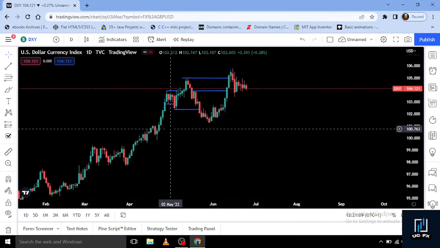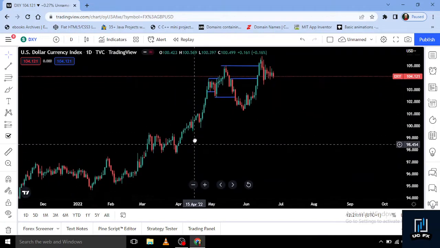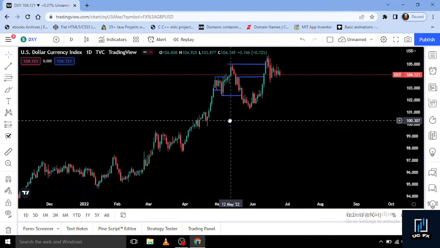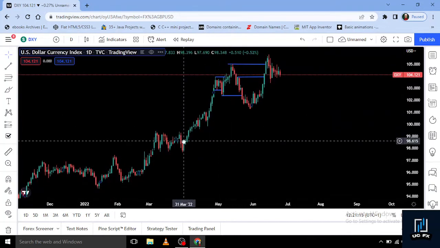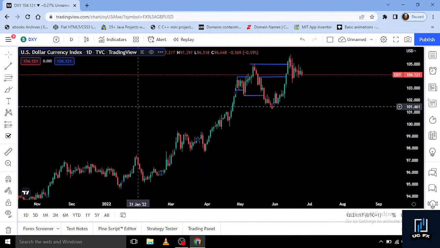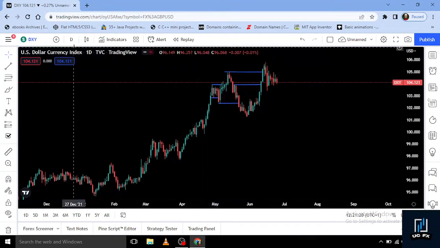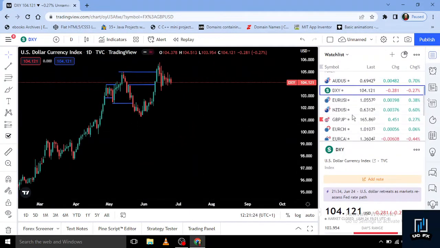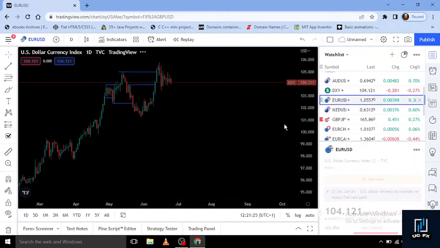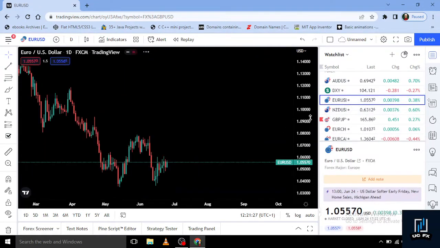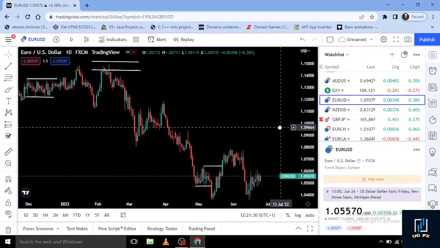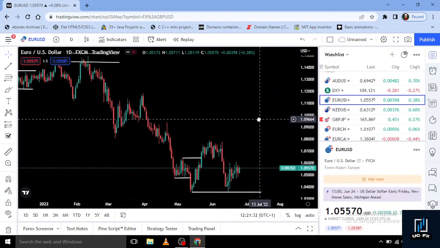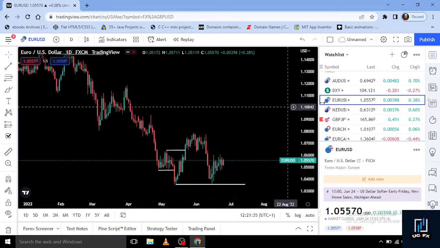If you check the chart of EUR/USD and the dollar index, you see they're doing almost exactly the opposite. Just like you can see on the daily chart of the DXY, if you go to the EUR/USD, it could be in a downtrend. See, so it almost does exactly the opposite of what the DXY is doing.